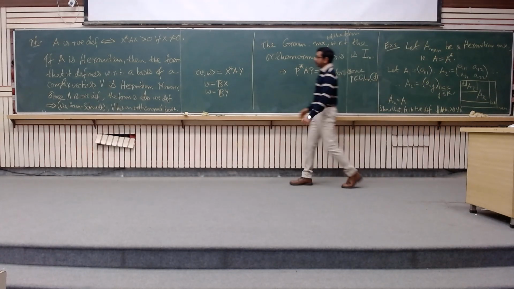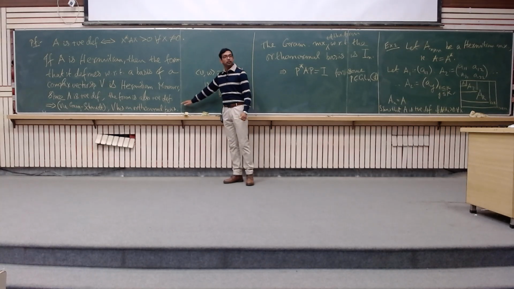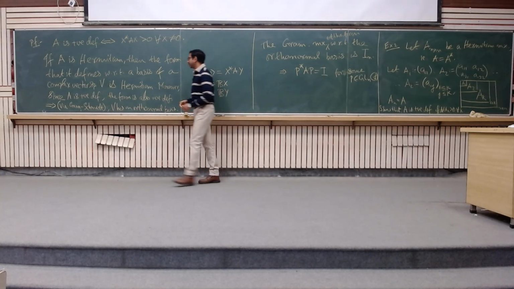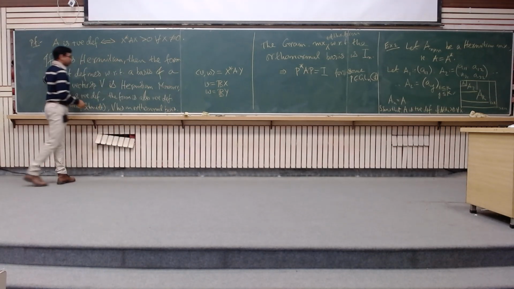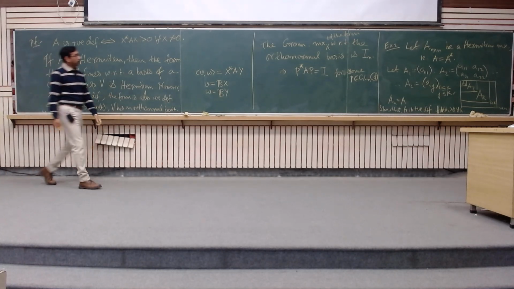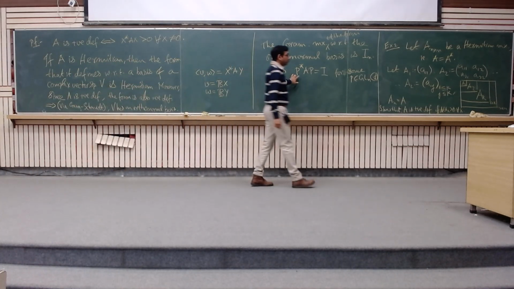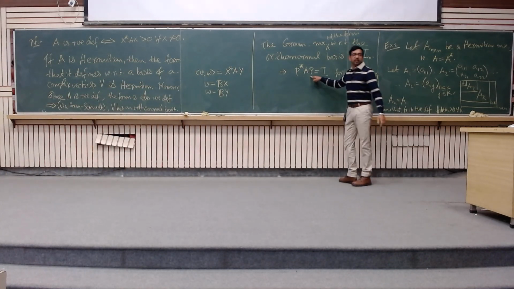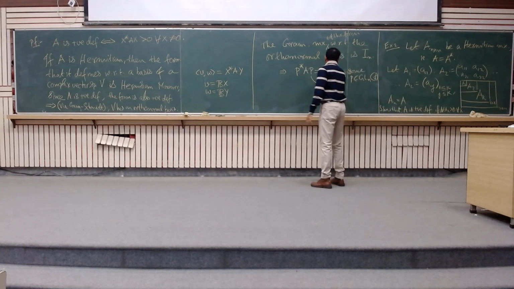So we were having an orthonormal basis of V, and the form was defined by this matrix on that vector space V with respect to some basis. This is the Gram matrix of the form with respect to some basis B. Now we are making a change of basis by this P, which is the change of basis matrix.